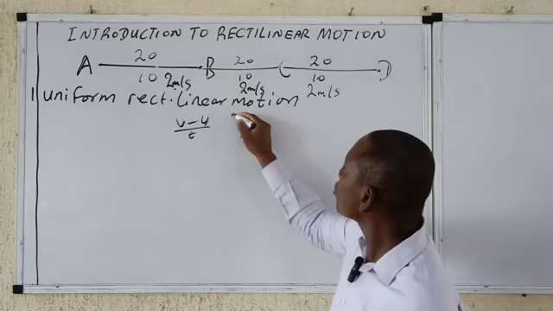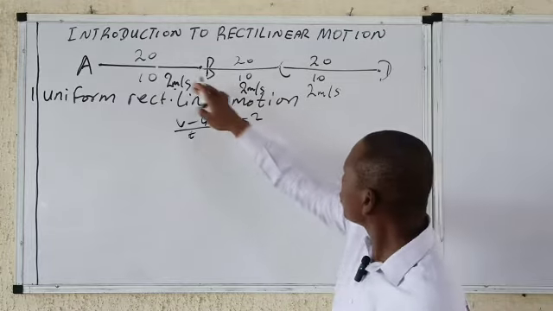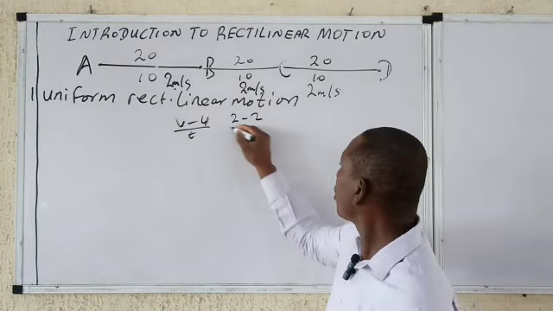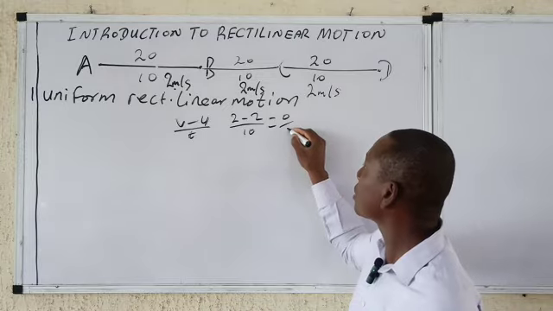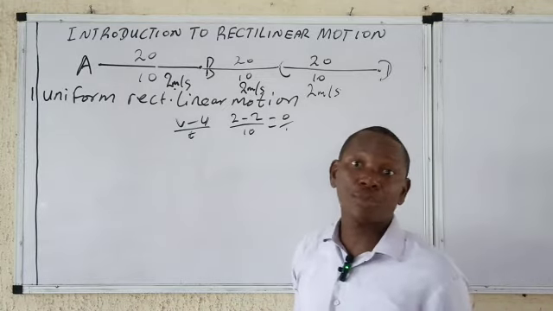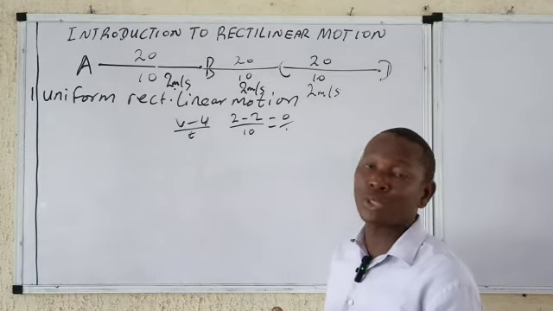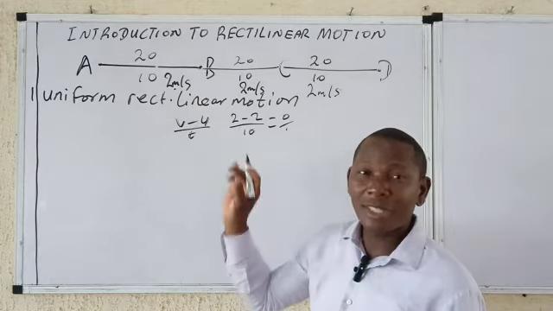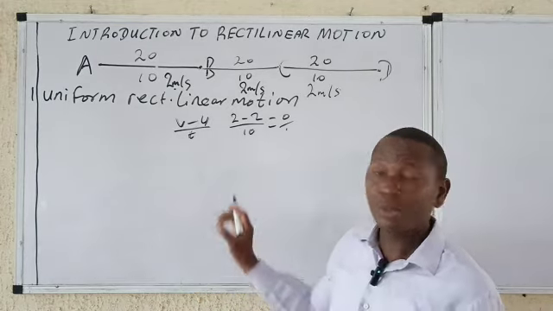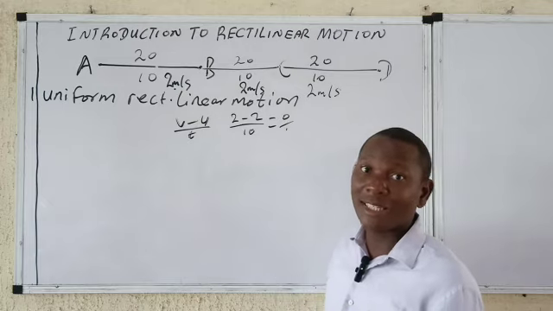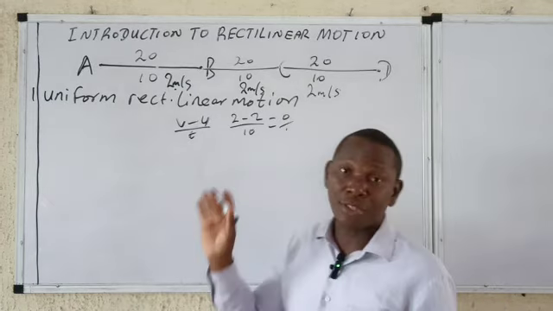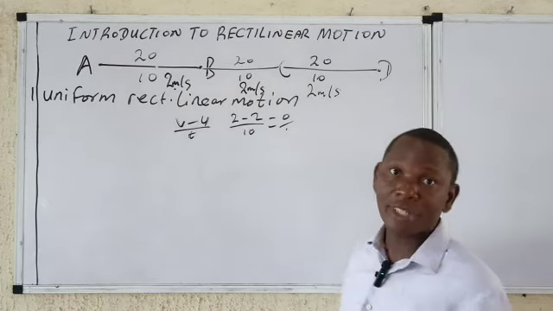But in this case, it's 2 minus 2, because velocity here and here is the same, right? All over time, which is 0 over time, and your final answer is what? 0. So acceleration is what? 0. Velocity is what? Constant. Or speed is what? Constant. And the last thing that we should note as usual is that it moves in a straight line.